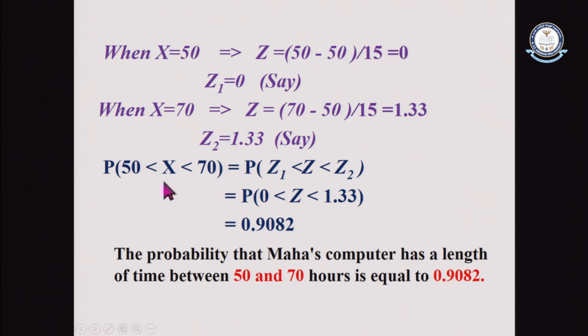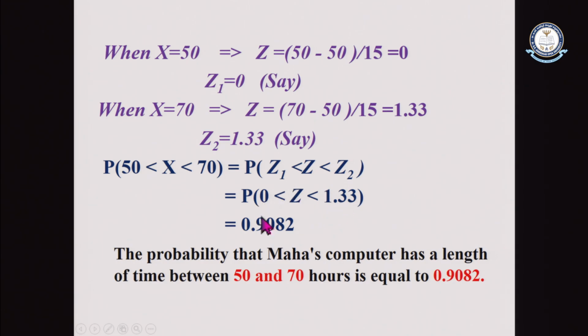So my x values are transformed into Z1 and Z2. Therefore, the probability of 50 less than x less than 70 is equal to the probability of Z1 less than Z less than Z2. Z1 is 0, so Z lies between 0 and 1.33.